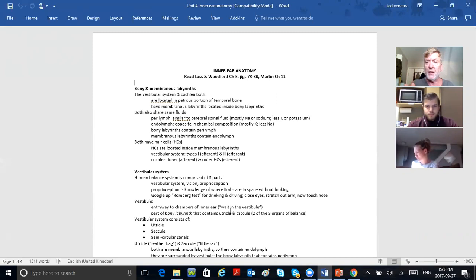The cochlea, or inner ear, changes mechanical energy into hydraulic energy, which is water or fluid waves. And those fluid waves are transduced, or changed, into electricity by the hair cells inside the cochlea.